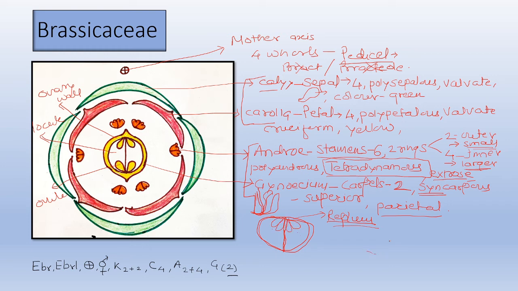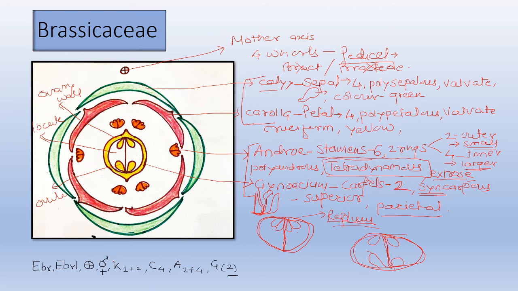In the prior condition the structure was like this: a single ovary and a single locule after the fusion, but later on the replum or false septum is formed. So the structure of the gynoecium, the ovary in transverse section, looks like this. The number of locules will be 2, and the placentation is parietal in nature.